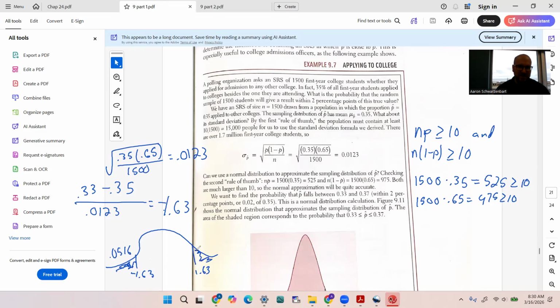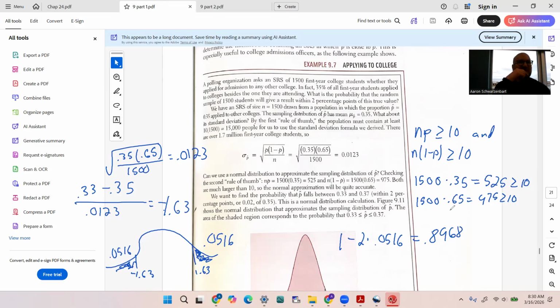And this is going to be symmetric because it said within 2 percentage points. So I'm not going to calculate 0.37. It's going to give me the same thing outside. What's the percentage in the middle then? 1, which is the whole thing, minus 2 of those, which is 0.8968.